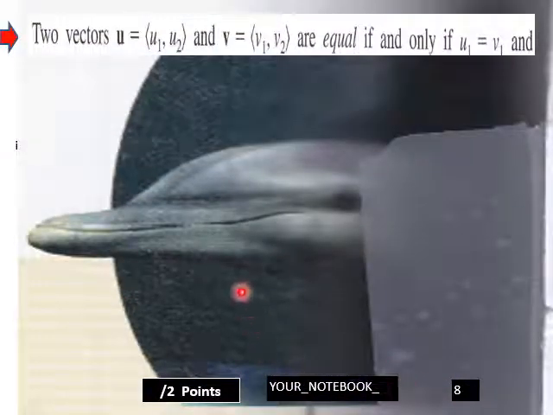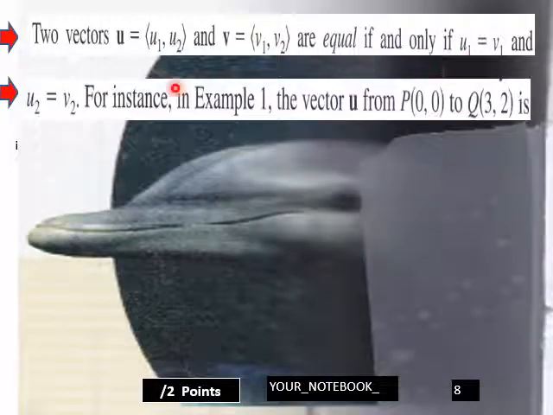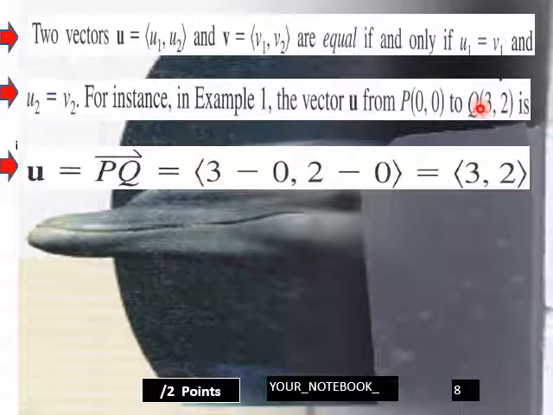Another notebook entry here. Two vectors u equals u1, u2 and v equals v1, v2 are equal if and only if u1 equals v1 and u2 equals v2. For instance, in example 1, the vector u from p(0, 0) to q(3, 2) is u equals vector pq, which equals 3 minus 0, 2 minus 0, which has this terminal point here of 3, 2.